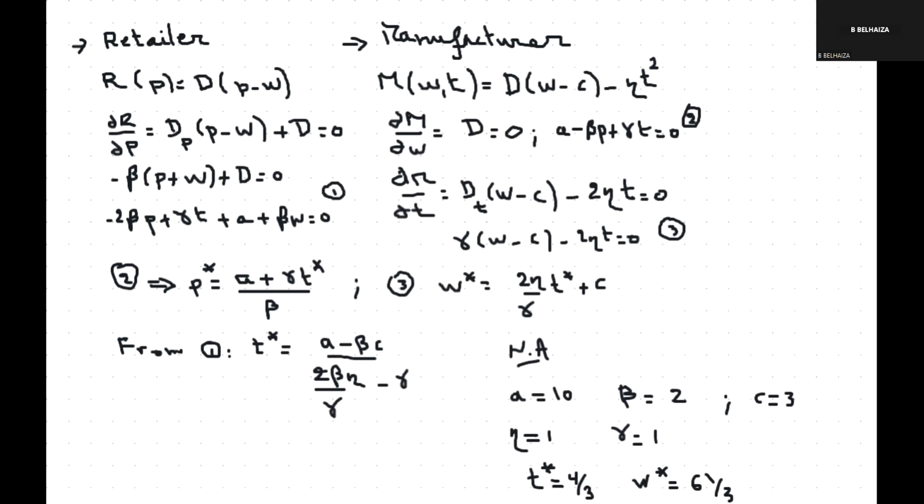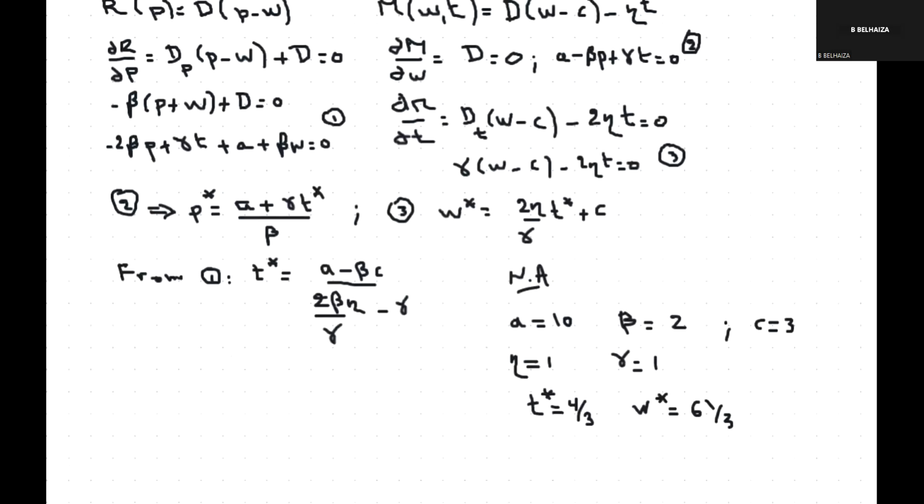As a small numerical application we've seen in class also, let's now assume that A is equal to 10, beta equals 2, C equals 3, eta equals 1, gamma equals 1.